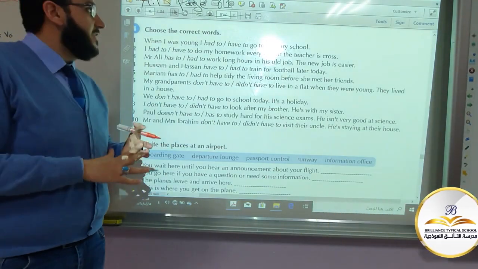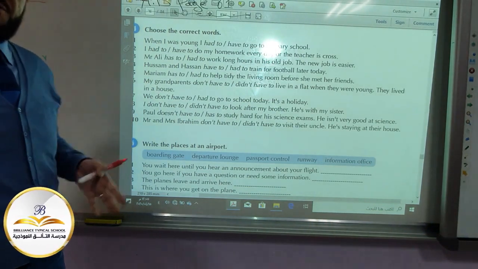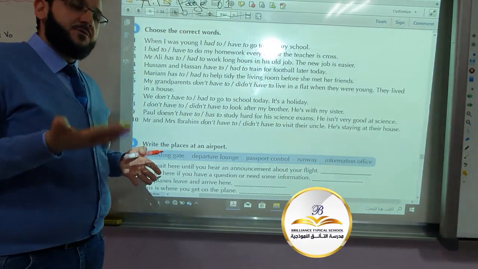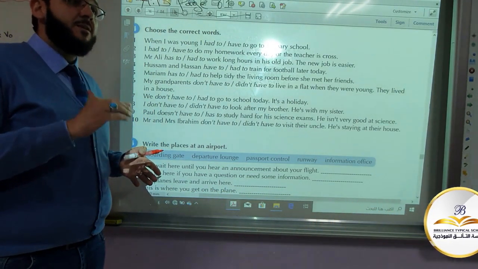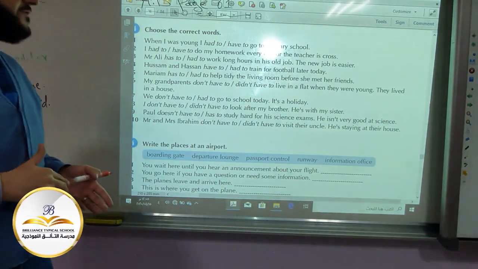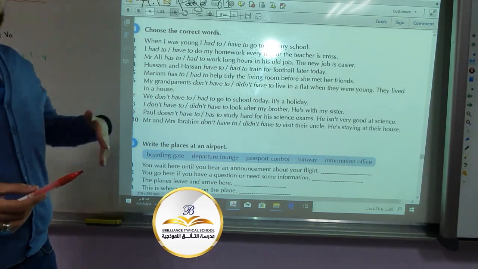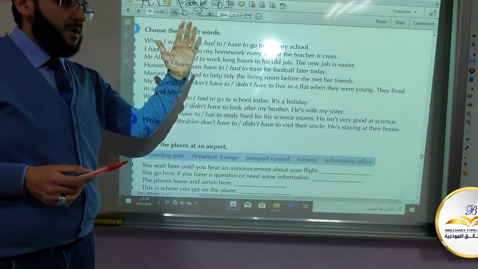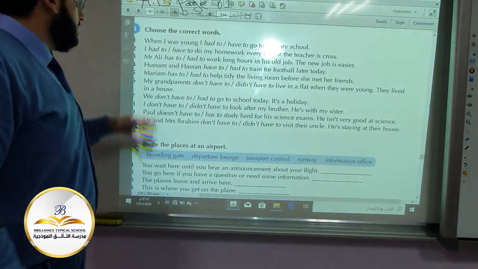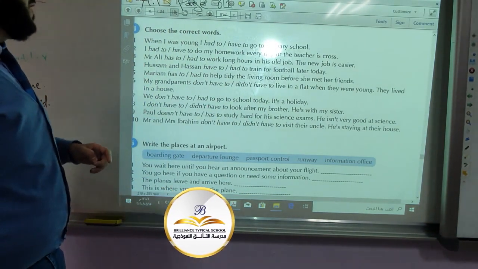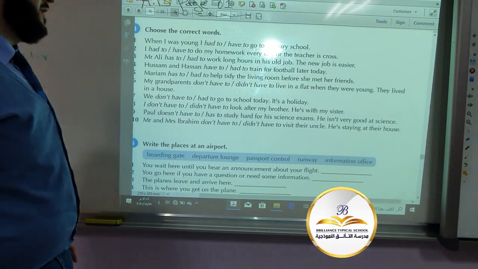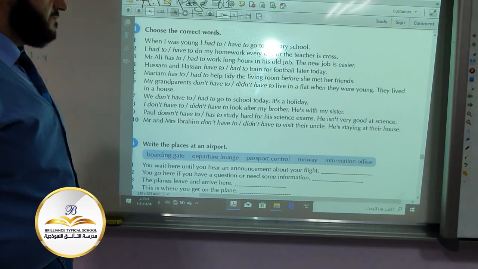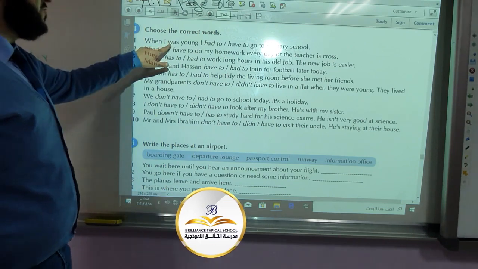Okay, here now in exercise number 4, choose the correct word. We're going to practice how to choose have to, had to, don't have to. So we're going to practice how to differentiate between present and past. Look at example number 1. When I was young, I had to go to primary school. So what should I choose?